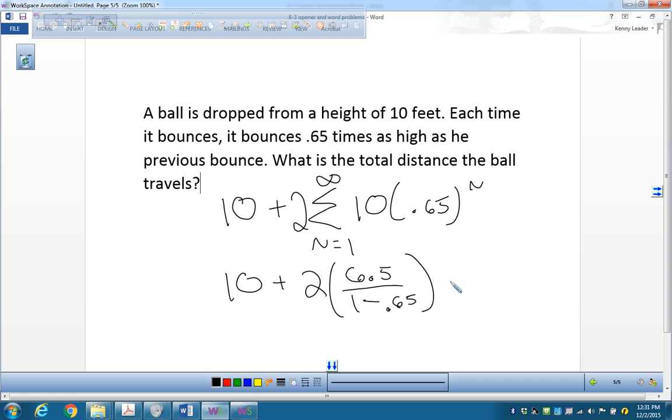If I do that on my calculator, which comes out to be 0.35, you get approximately 47.1 feet, right? So you understand why I have to start with 10, and then, because you're not really multiplying by anything the first time, you start with 10, and then you're 2 times this infinite series right there. Yes? So you get about 47.1 feet.